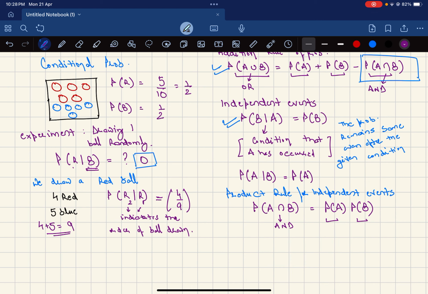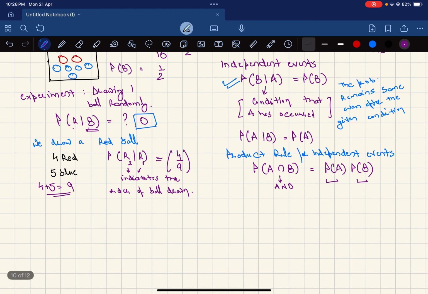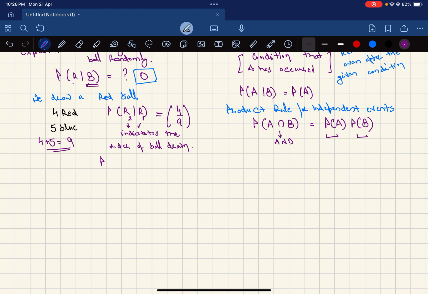Therefore the probability of getting a red ball in the second draw, given that the first draw was a red ball, is equal to 4/9. Similarly, the probability of getting a blue ball in the second draw, given that the first ball was red, is equal to 5/9, because we still have 5 blue balls left out of a total of 9 balls. So this is how we define conditional probability.